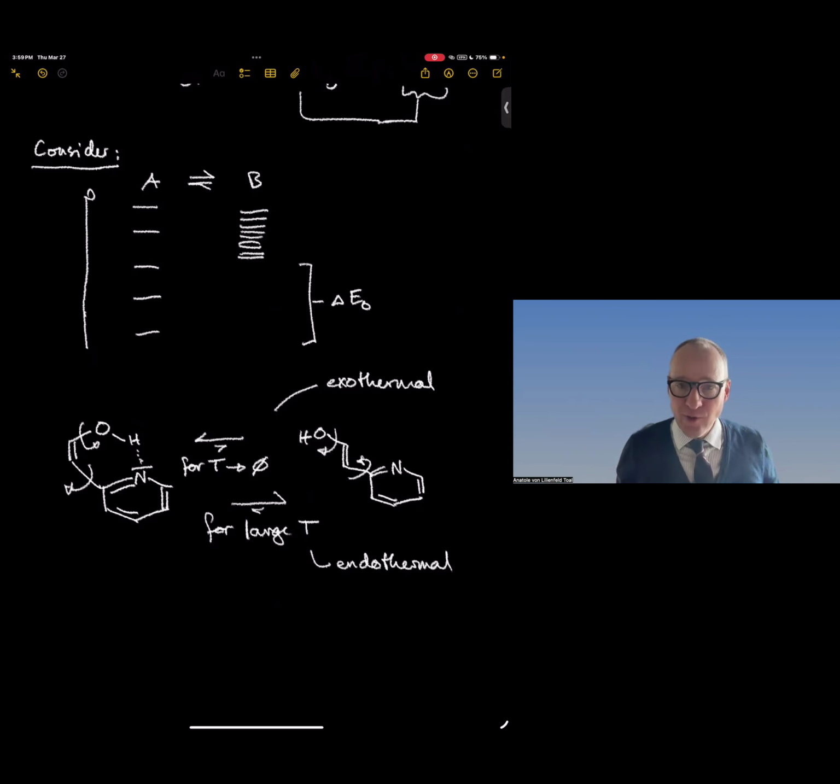Such endothermal processes are very typical when you evaporate solvent, right? Your solvent molecule enters the gas phase, has much more entropy, a much denser spectrum, but it has to pay for that gain in entropy by enthalpy.